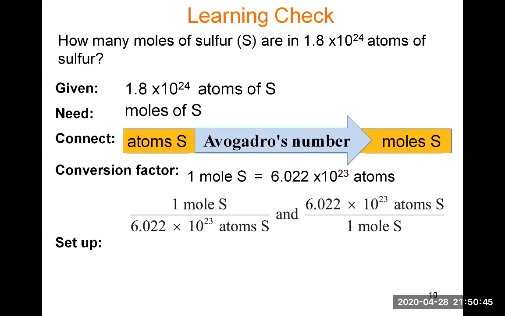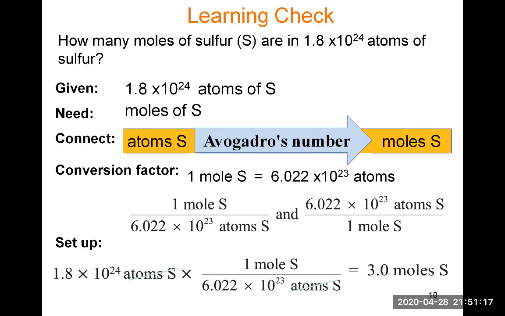So out of these two, the first one or the second one, which one do you think you will need in this particular calculation? So because you start with atoms of sulfur, you will want to use the conversion factor that cancels atoms of sulfur. And for this, atoms of sulfur have to be on the denominator of the conversion factor. So we will use the first one.